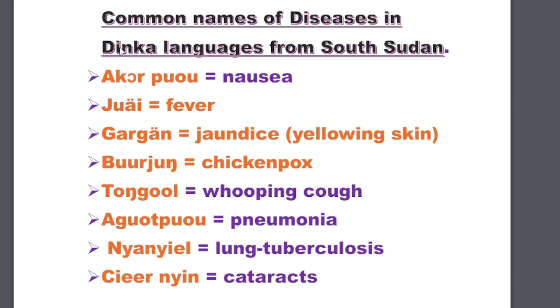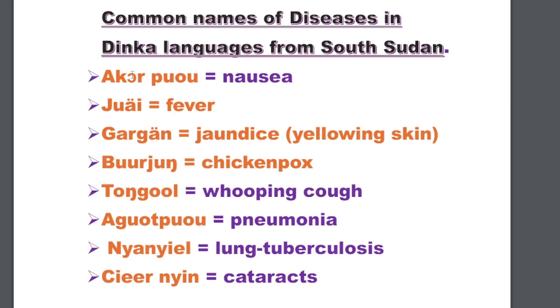You know, Dinka language is one of the major languages spoken in South Sudan. So one day, inshallah, you are going to come to South Sudan and it will be right time for you to speak Dinka language with the local community or Jieng community. Okay, let's begin our lesson.